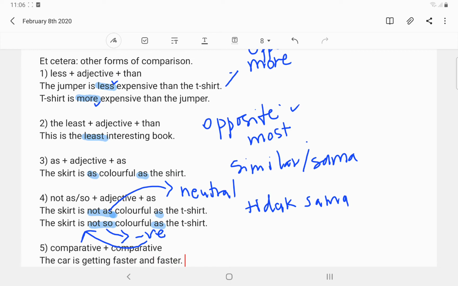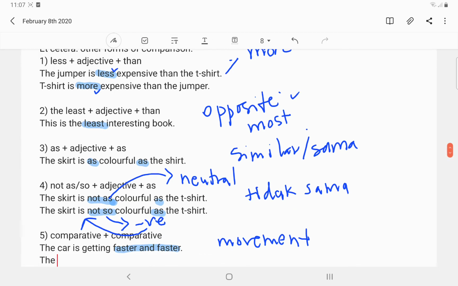Yang ini adalah untuk something yang ada movement. Tapi tak semestinya kena kenderaan.